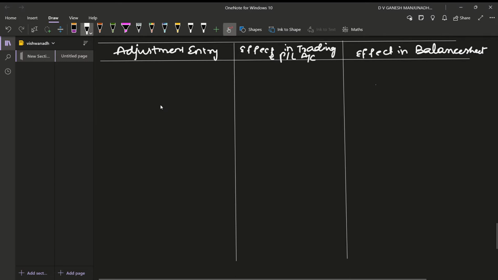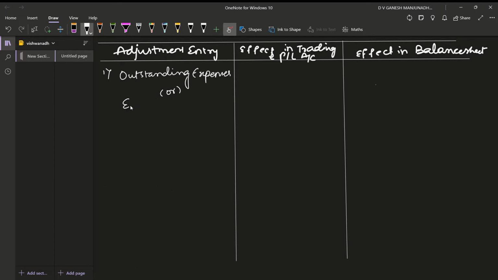Affecting balance sheet. The first adjustment would be outstanding expenses. Outstanding expenses are expenses payable.